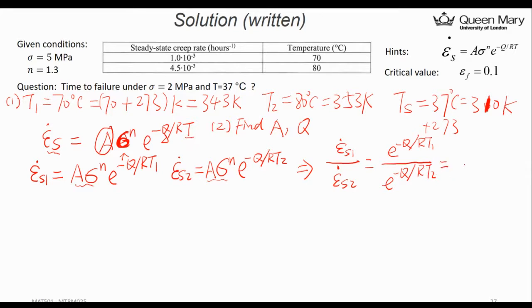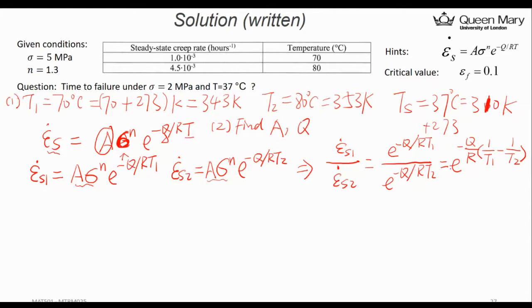This can be simplified because for an exponential function, that's a power function, basically you can simplify that by taking the top term minus the bottom part. We can take out the same things here, Q over R, and the only thing left is 1 over T1 minus 1 over T2 in brackets. Okay, so now things become a bit simpler.